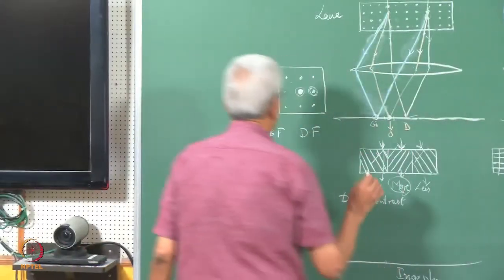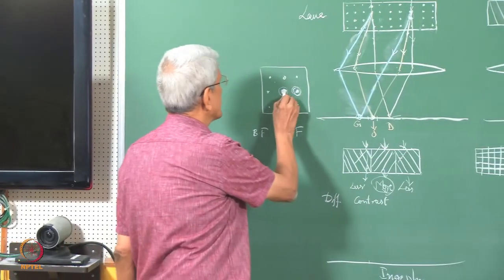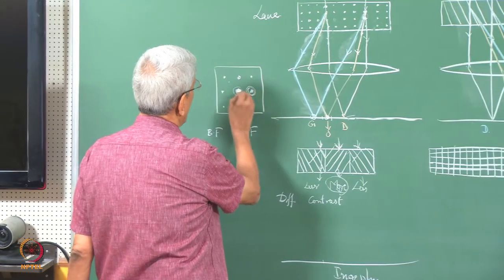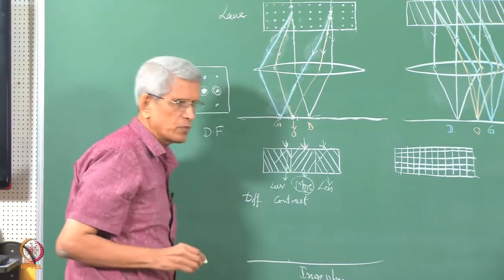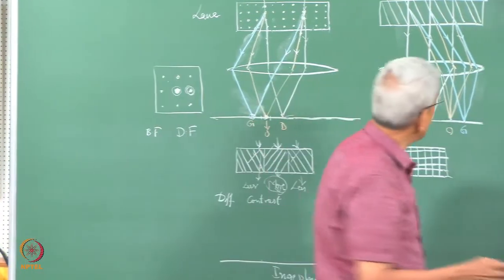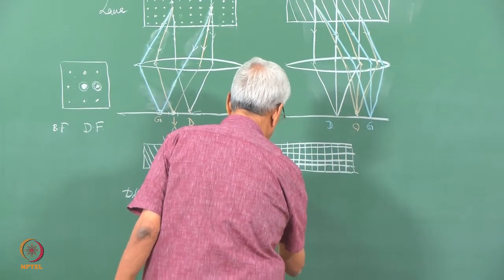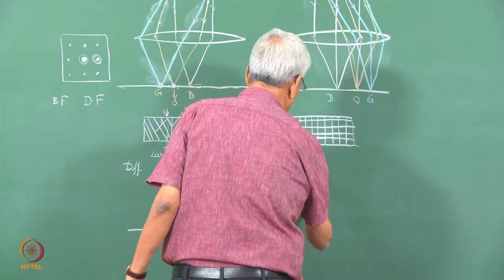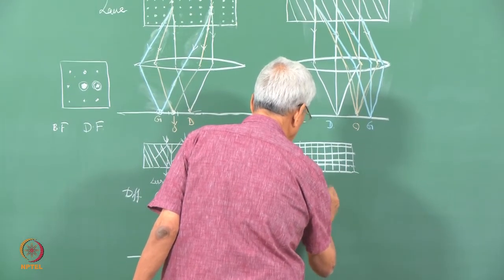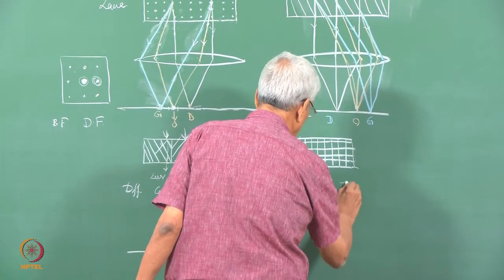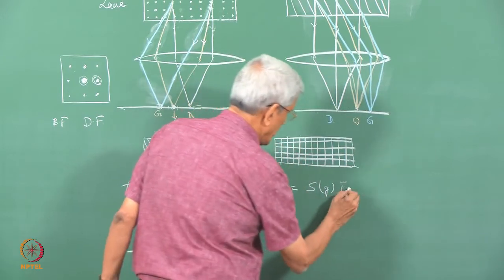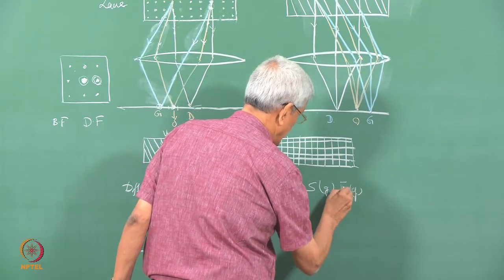Then when we want to quantify it, we should know what the intensity of each of these reflections is going to be. That intensity, phi, depends upon two terms. One is S_G, the shape factor, or the amplitude, and the other is F_G, the structure factor.